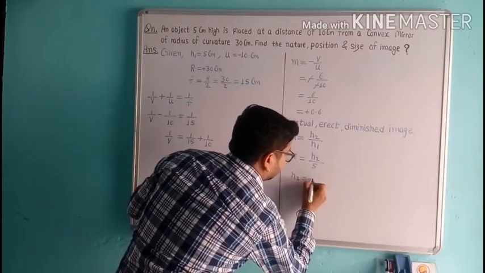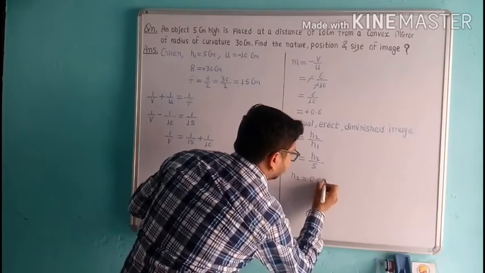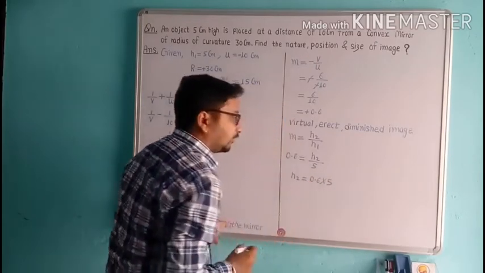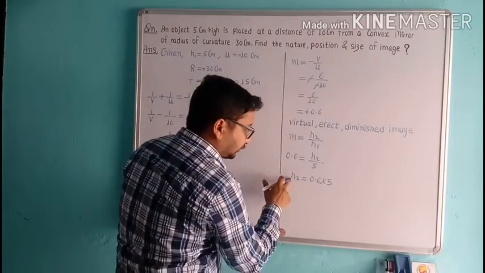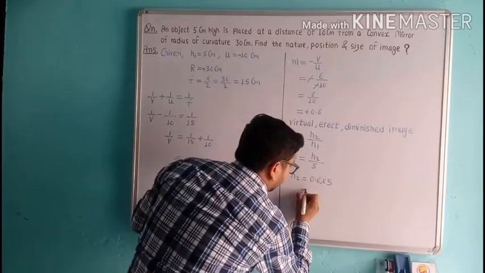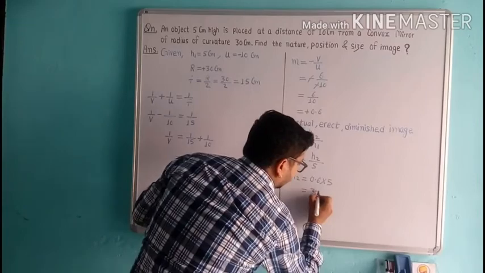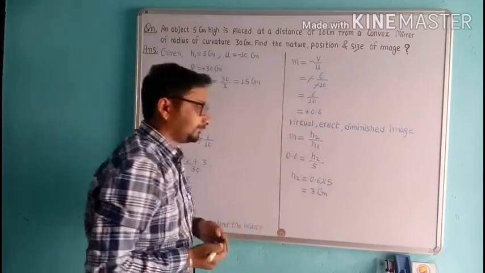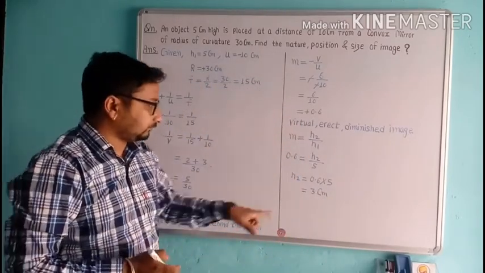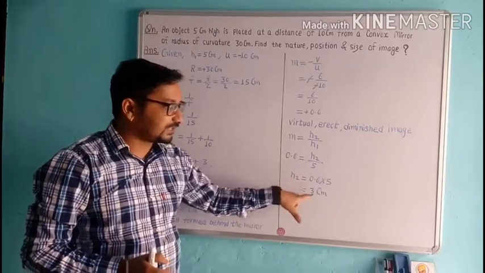By simplification, we get 0.6 into 5. By cross multiplying, h2 is equal to 0.6 into 5, that is 3 centimeter. This is the size of the image.